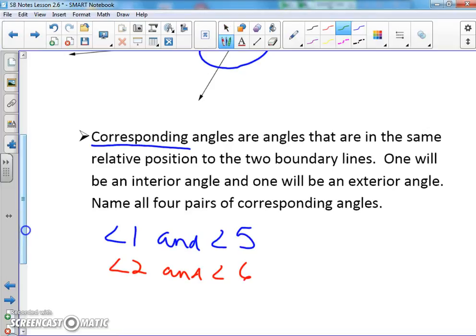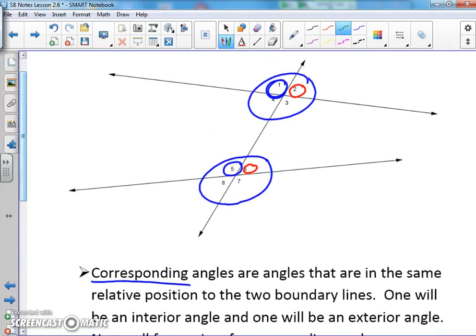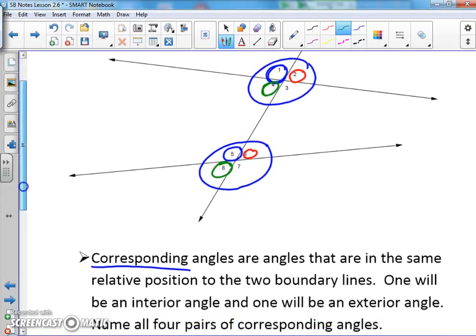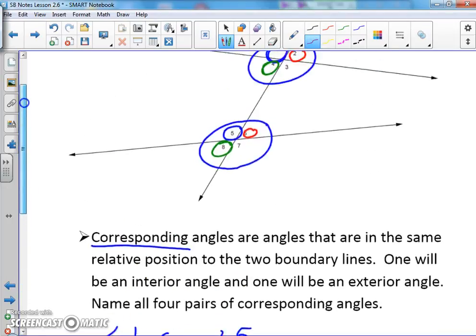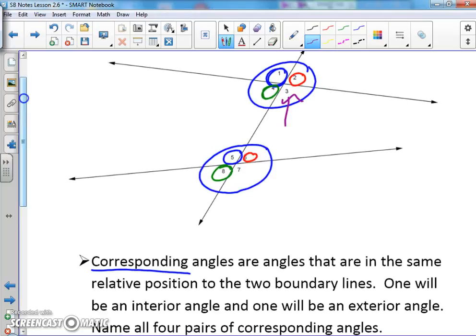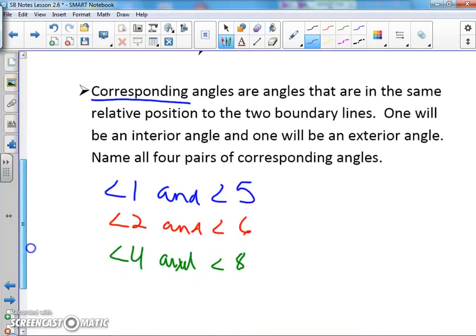There are two more pairs. We have angle 4, and that's below the boundary line to the left of the transversal. So below and to the left is angle 8. So we have angle 4 and angle 8. And our last set would be angle 3 with angle 7, to the right of the transversal and below the boundary line.